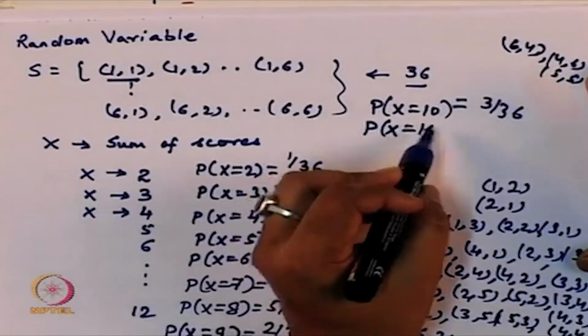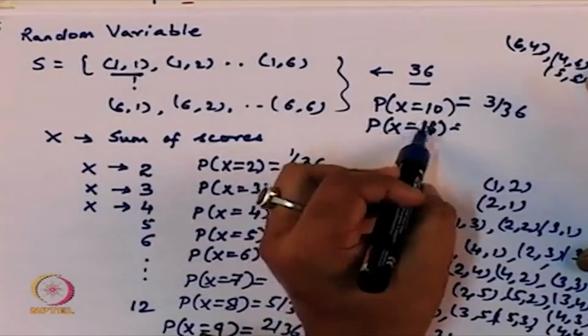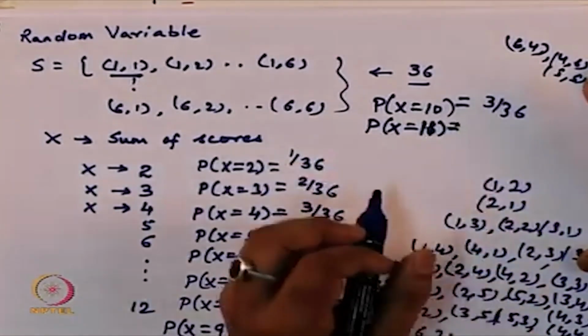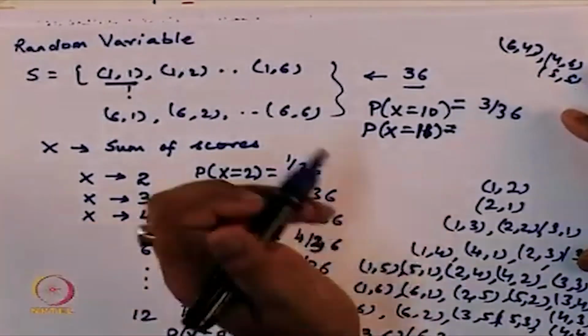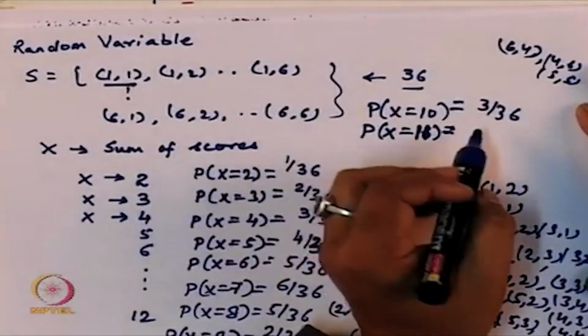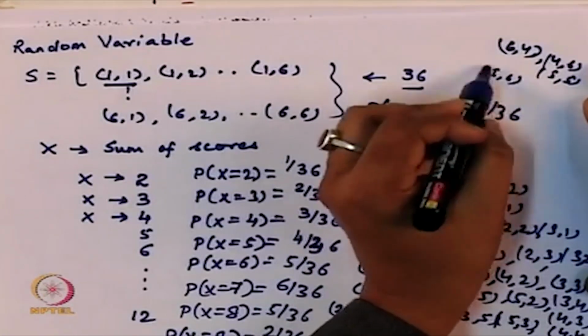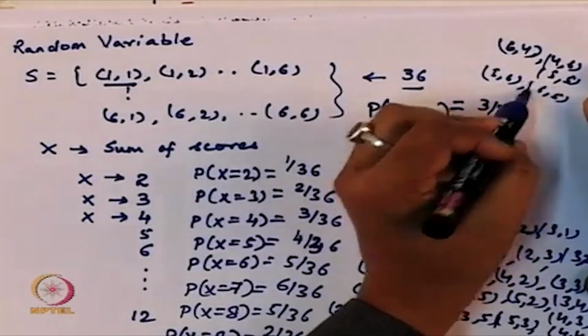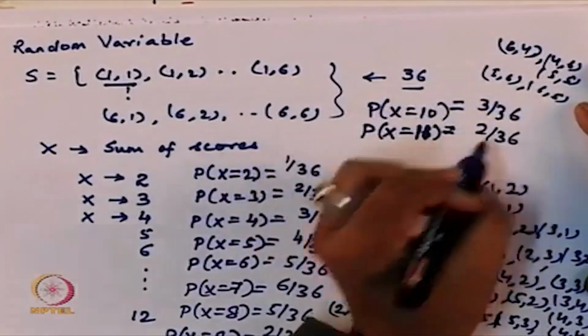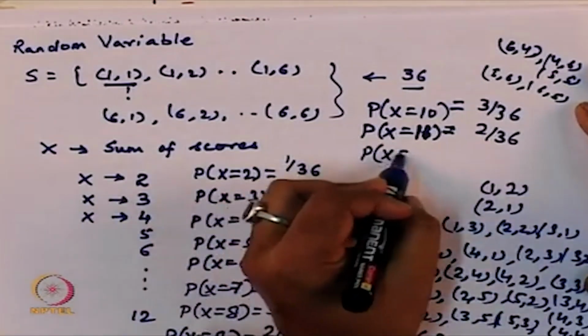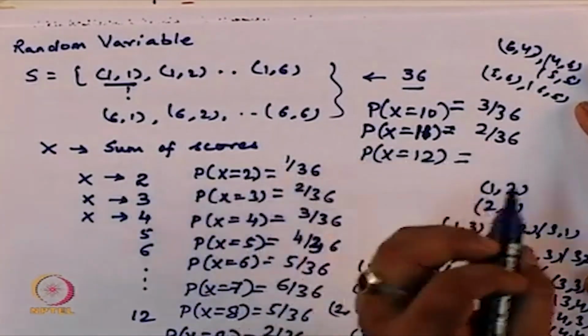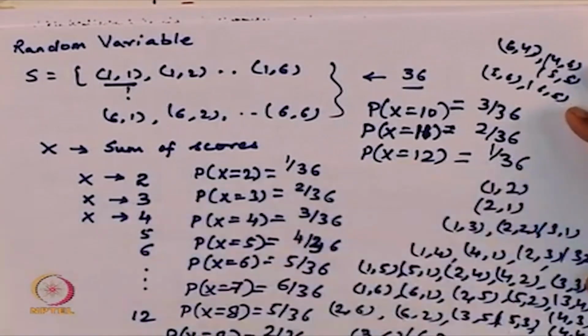X equal to 11 is simply equal to, so I have 5 6 and 6 5, 2 by 36. Probability of x equal to 12 is equal to simply 1 by 36.